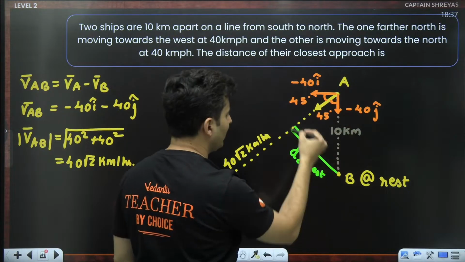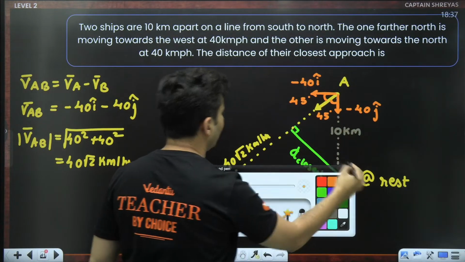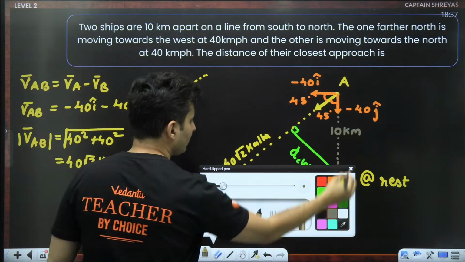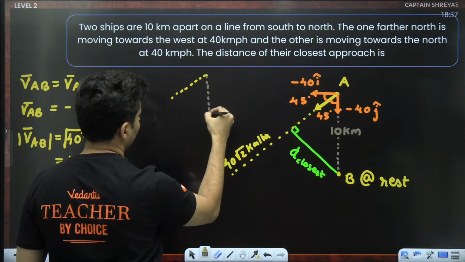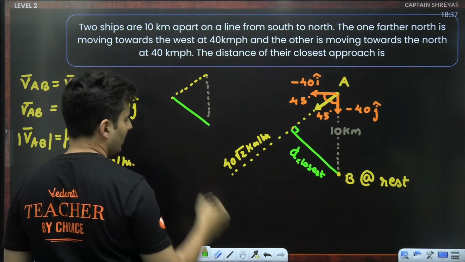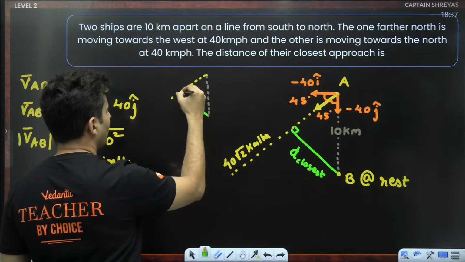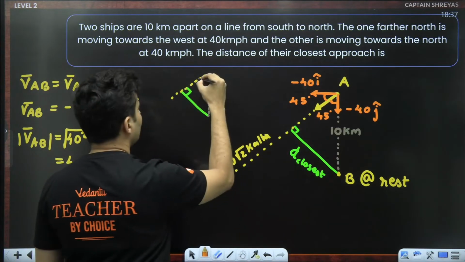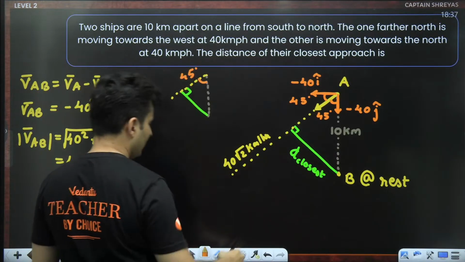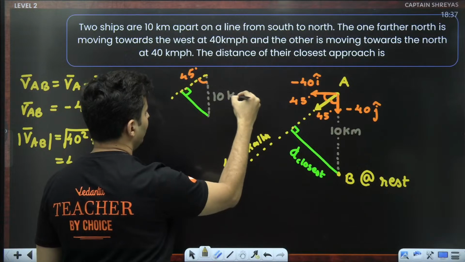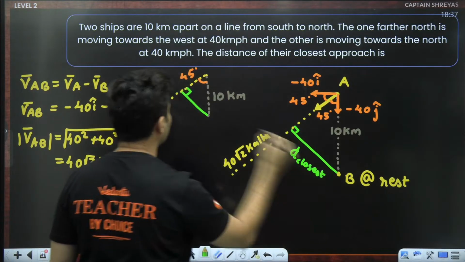Now do you see this particular triangle? Look at that particular triangle, guys. This is 90 degree, this is 45 degree, and this gray distance is basically 10 kilometers. So how much will this be?